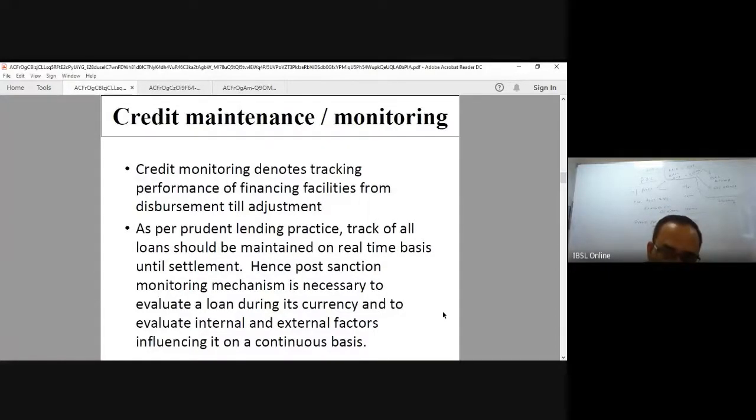Right? Credit monitoring denotes tracking the performance of financial facilities from the disbursement till the full adjustment. Right? Your overdraft and all that you keep on renewing, so it's not fully adjusted. And other loan facilities, once you disburse, a primary responsibility of the bank or the financial institution is to ensure that the disbursement is applied to the purpose intended.